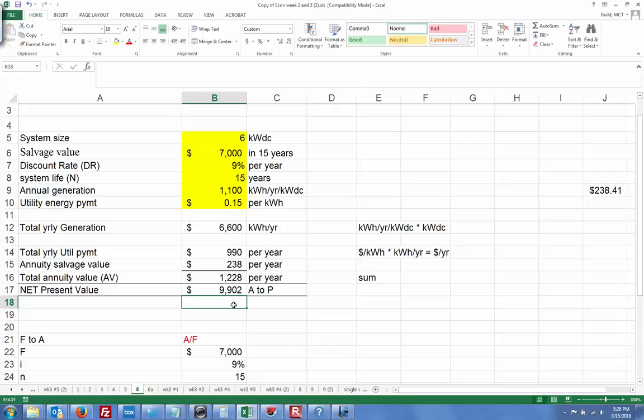Annual salvage value. Oh, yep, okay, 238. Then where's your sum? 22, 28, okay, perfect. And then where are you aiming for your answer right here? Yeah. This is the, double click it. Rate, years, okay, 15.